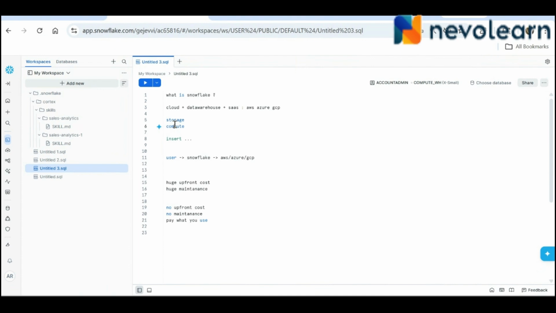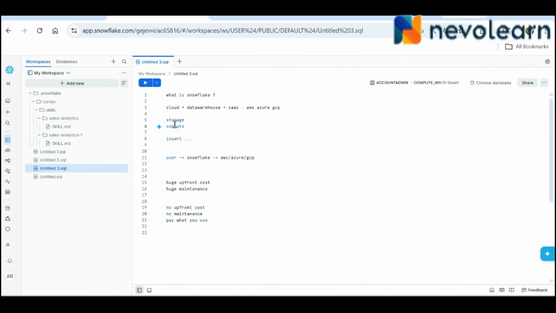We as users, data engineers, data architects, data admins, log into the Snowflake account. At the ground level, Snowflake is already deployed on this cloud. So whenever we need any resources from Snowflake, like storage and compute, Snowflake does not own these services.